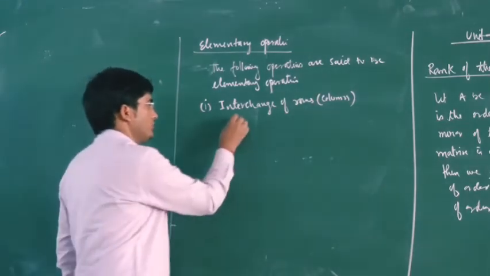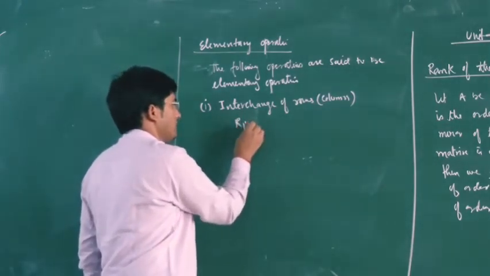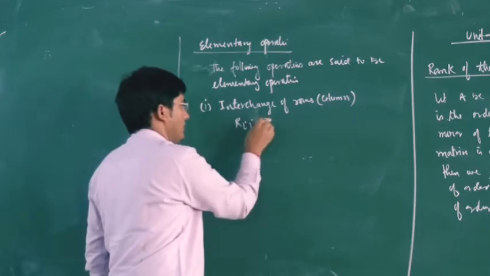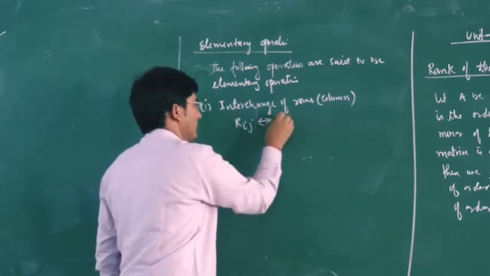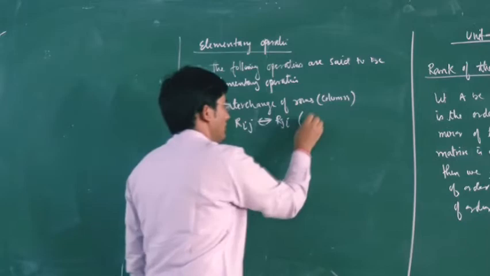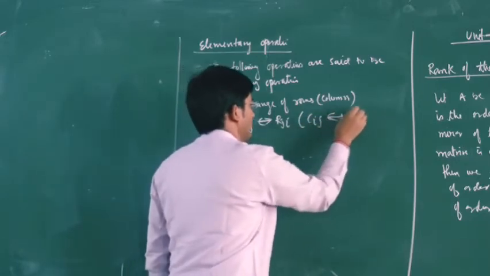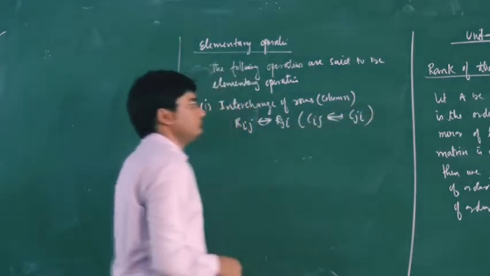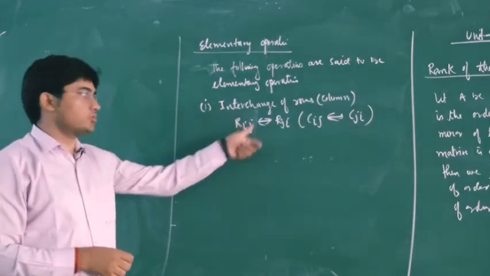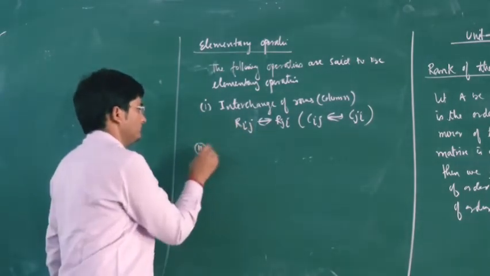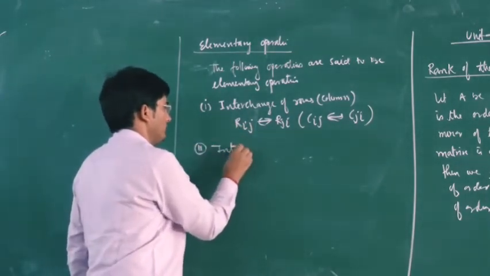and here we have interchange of our ith and jth row, and we can write it as Ri and Rj, or Ci and Cj. So this is your interchange of 2 rows.